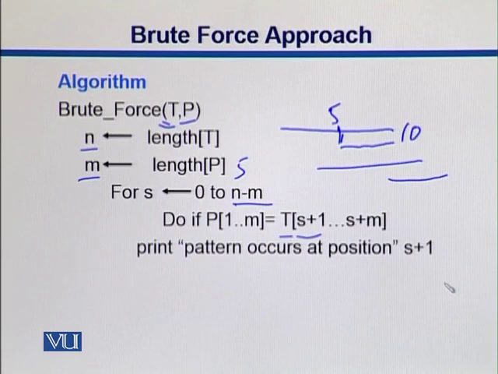So it's 0 plus 1, that is, the first nucleotide is compared, and we compare till the last nucleotide of the pattern. If we find an occurrence of the pattern, we say that the pattern occurs at position s plus 1. Since we are starting our loop with 0, that's why it is s plus 1.